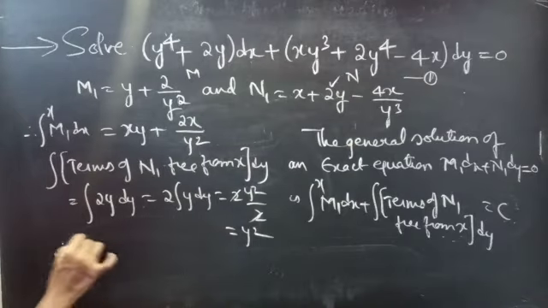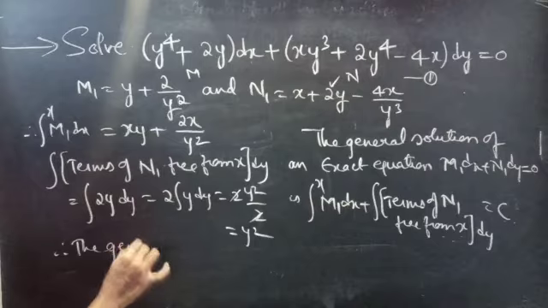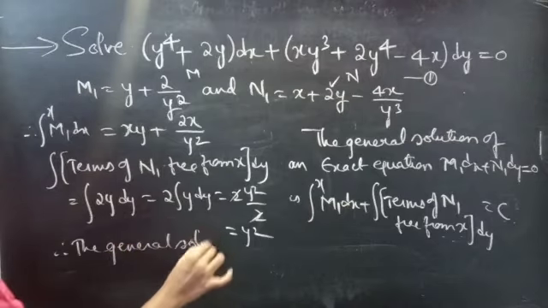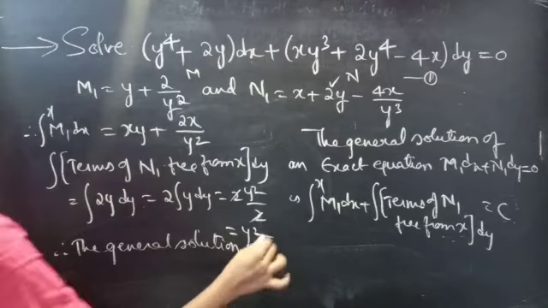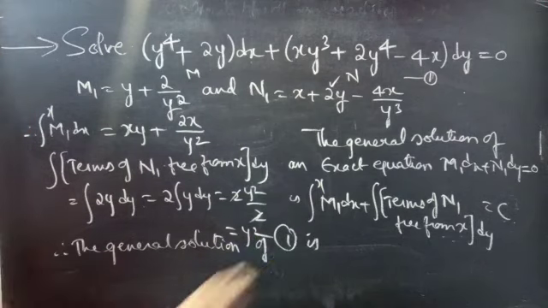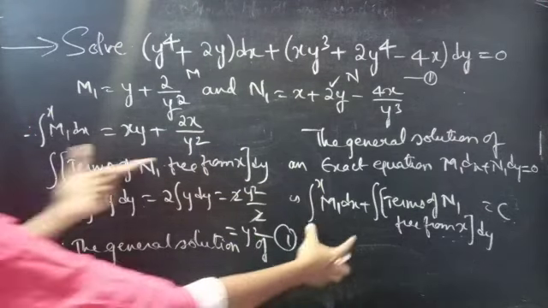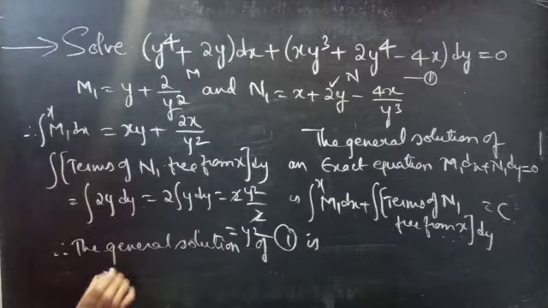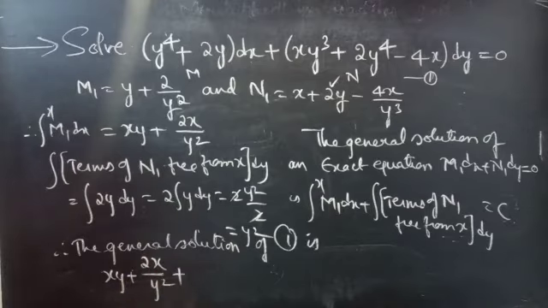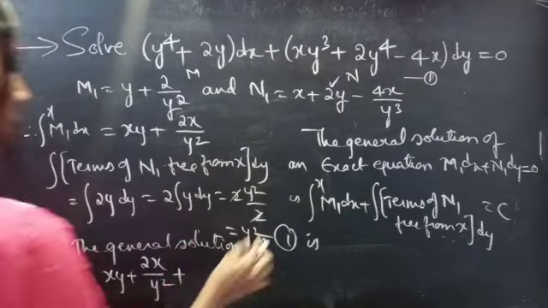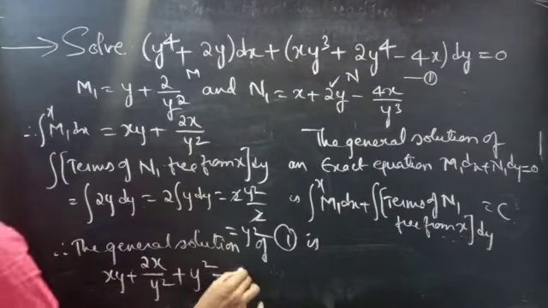Now, the general solution of the given equation is the result obtained from the first integral, xy + 2xy/y², plus the result obtained from the second integral, y², equals c.